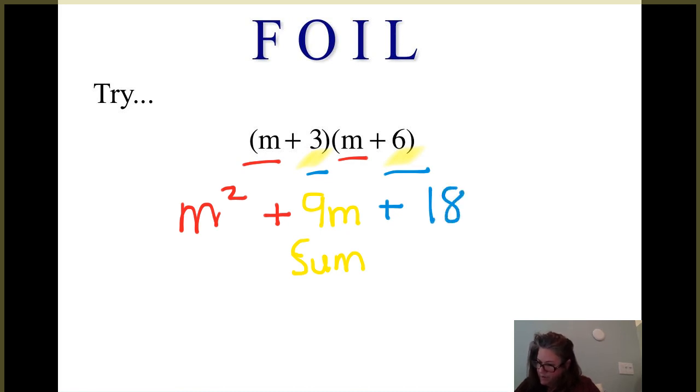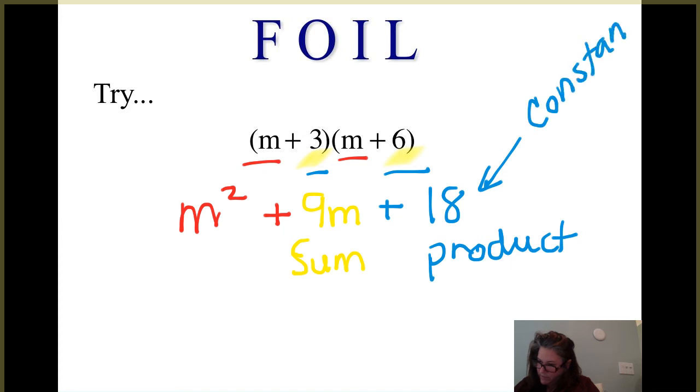Now remember, this is a product, and it's a constant term. Remember, the last one is always a constant term. The first one is always a quadratic.